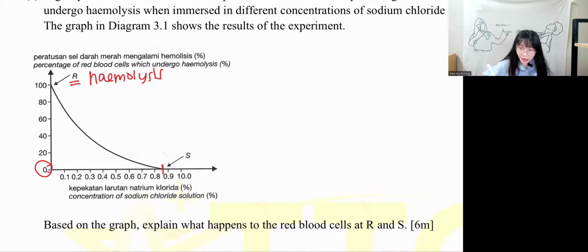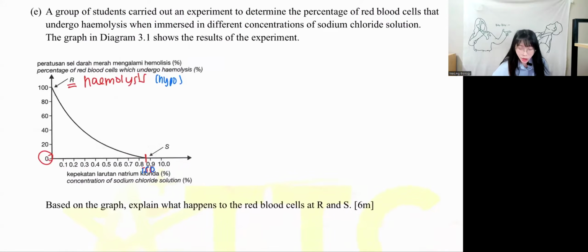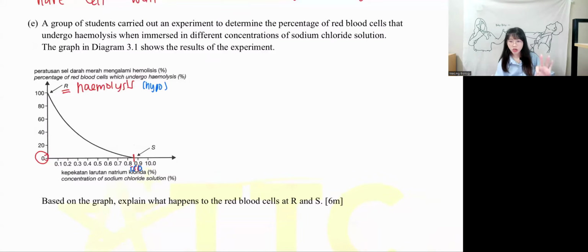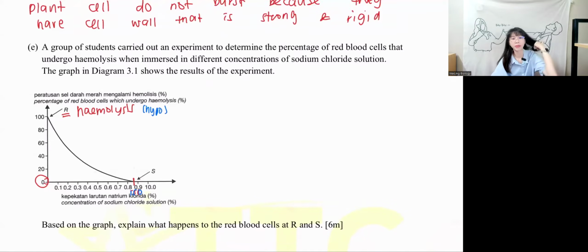So it means what? It remains unchanged. At 0.85, this is an isotonic solution. This is a hypotonic solution. Makes sense to you? So they asked you to explain based on R and S. 6 marks, 3 marks for R and 3 marks for S.